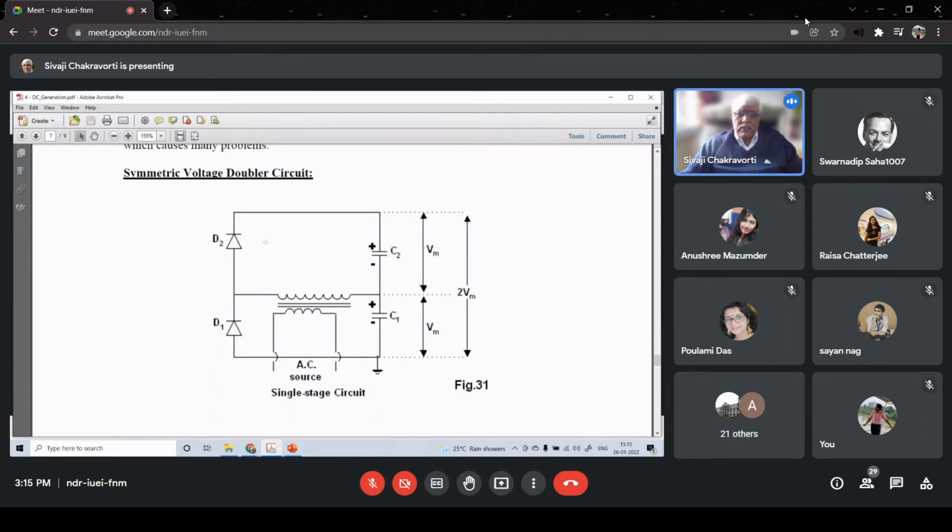Previously, if you read the books which were written in older days, you will find that vacuum tubes were used as these rectifiers. Well, vacuum tubes were able to withstand very high voltage. In fact, in our Jadavpur University high voltage lab, when I joined in 1985, there was still a vacuum tube operating.